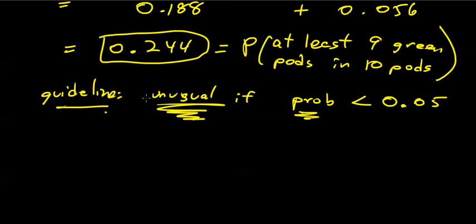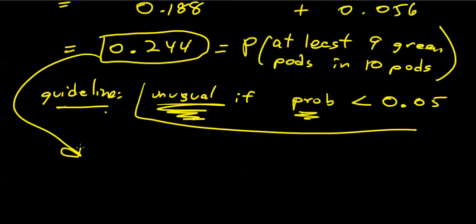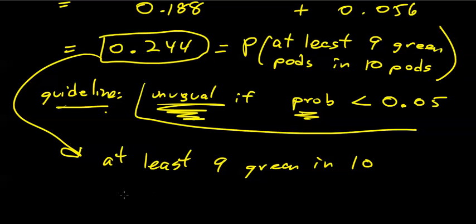Alright? So if we embrace this guideline, this event, 9 green, oh, let me erase that. Technically, it's at least 9 green. At least 9 green peas in 10 is not unusual according to this guideline.